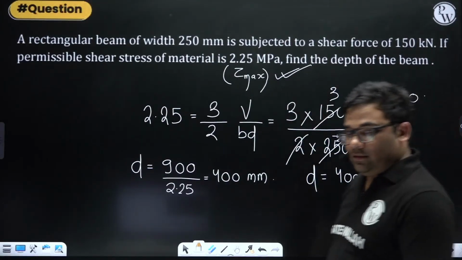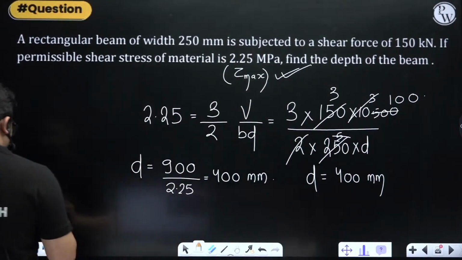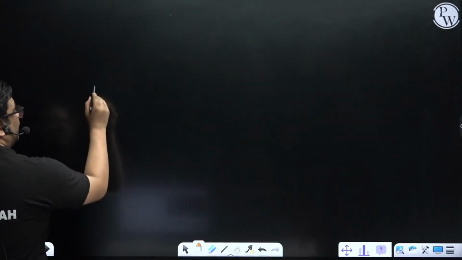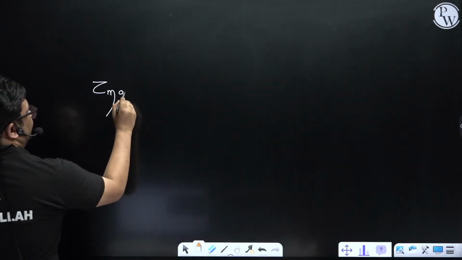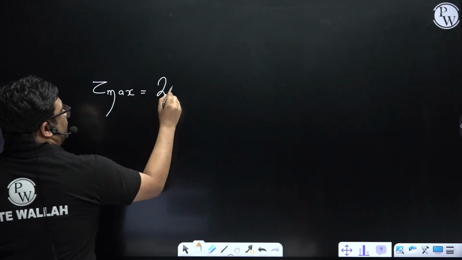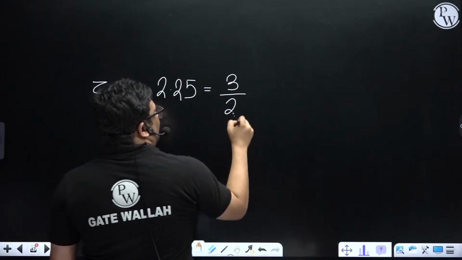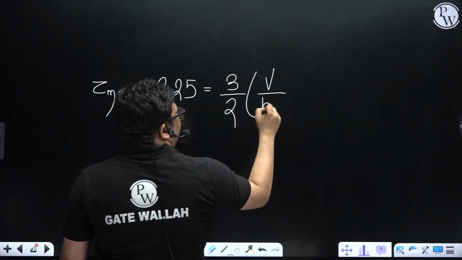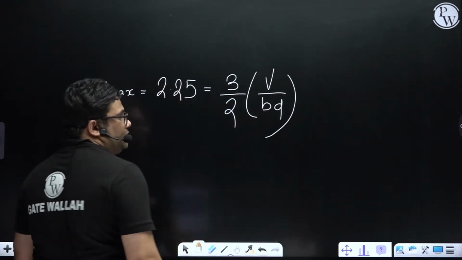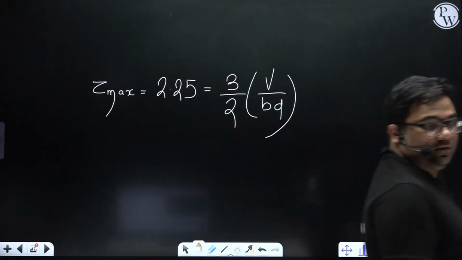The maximum shear stress, the permissible one, which is 2.25, is equal to 3 by 2 of V by BD. Understood?